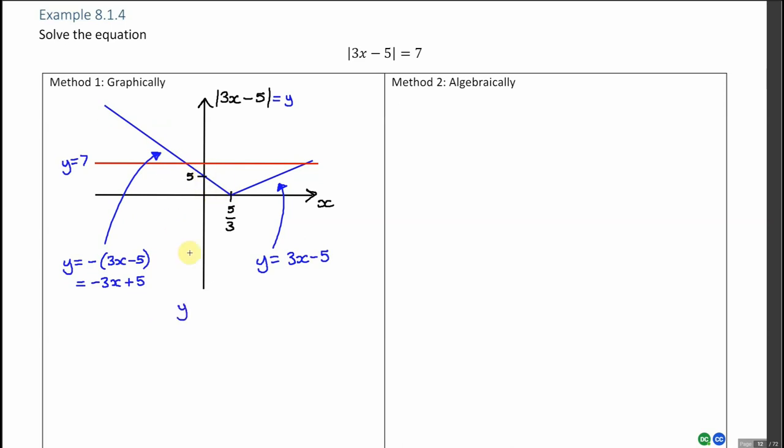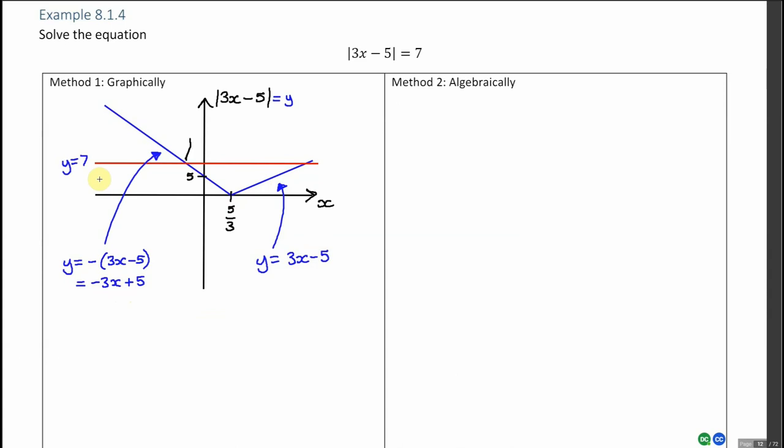So in both these cases here, I'm thinking of y equals mx plus c to identify the gradient, which is m, and where it goes to the y-axis, which is c. So this segment is -3x plus 5. This segment over here is 3x take 5. So we now have a couple of equations to solve.